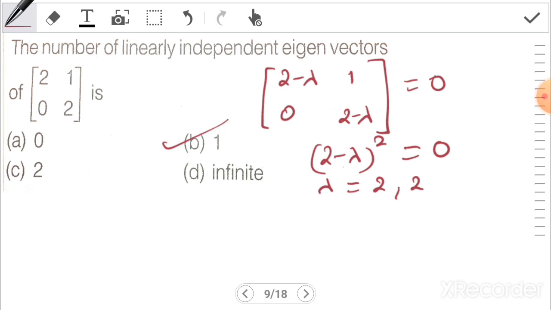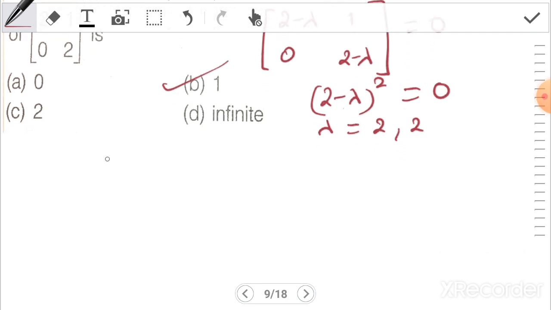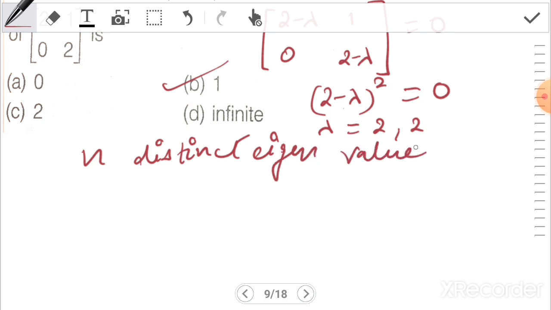Look, corresponding to n distinct eigenvalues, we get n linearly independent eigenvectors.